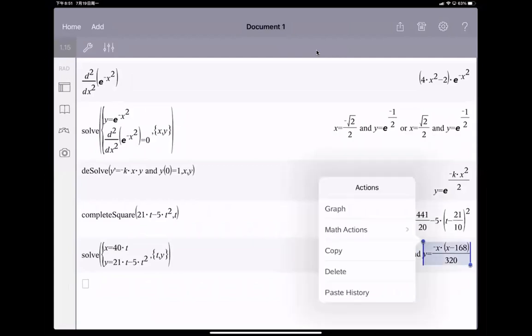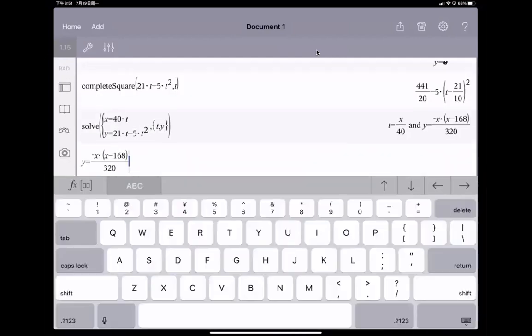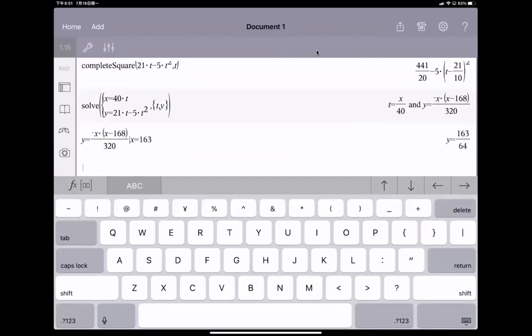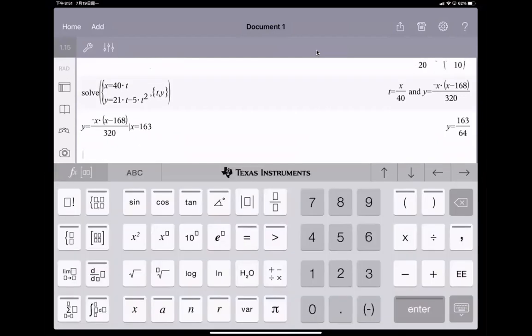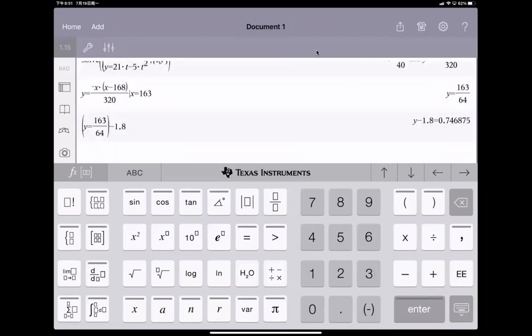Now, very nice. Substitute x equals 163. So the current height of the golf ball at this point is 163 over 64. Then we take away the height of the person, which is 1.8. The difference is 0.746875 exactly, but we just need to round it to 2 decimal places.